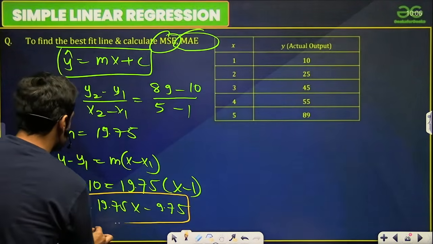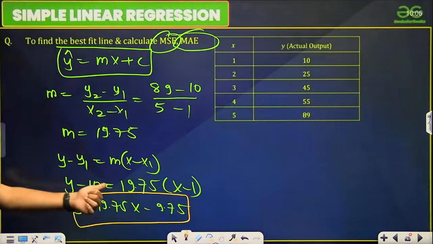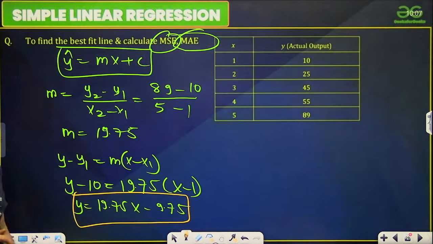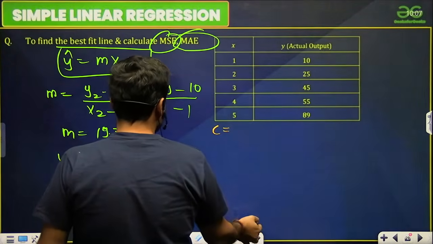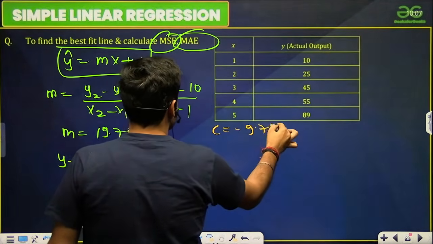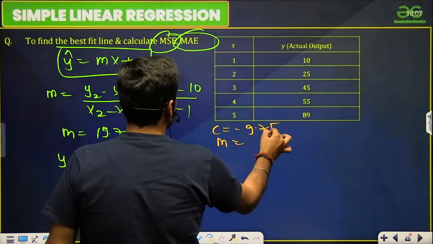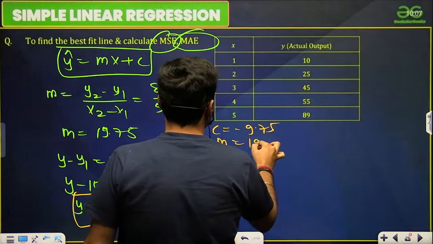So this would be the y value that is coming. From here you can tell me that the value of c is minus 9.75 and the value of m is 19.75.